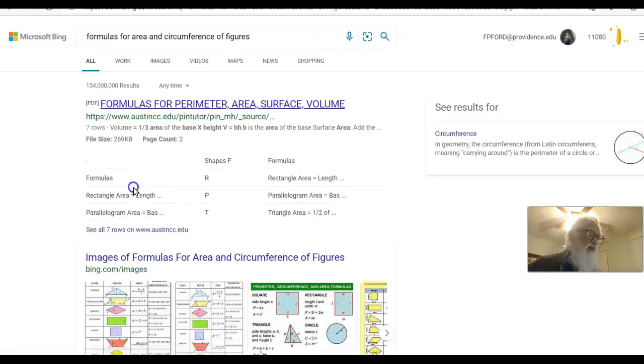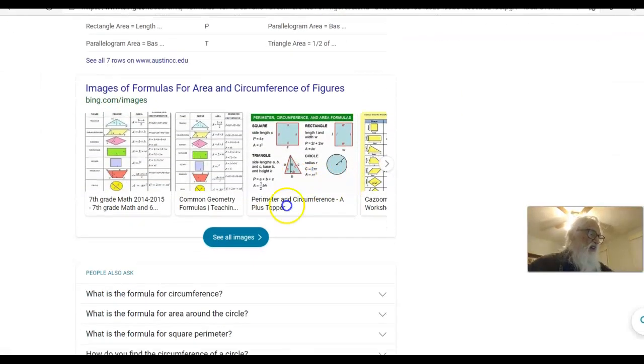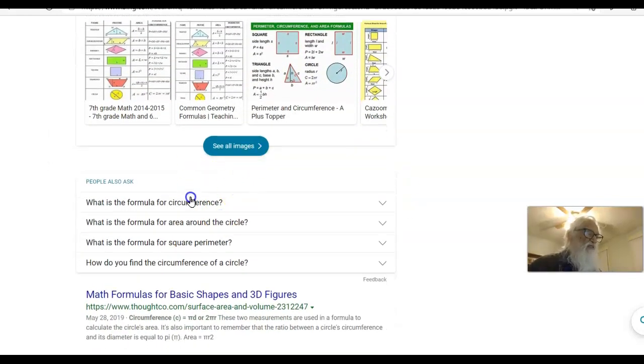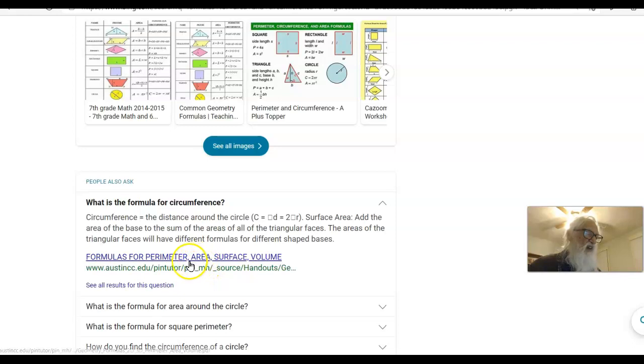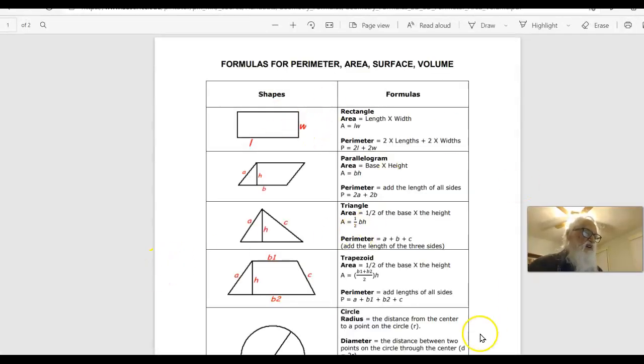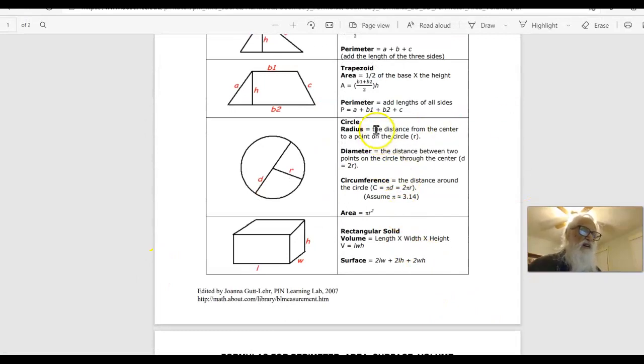And it would tell you right here what the formula for circumference is. So let's see what it says. For a circle, radius is the distance, area is pi r squared, circumference is 2 pi r. So we got it right.